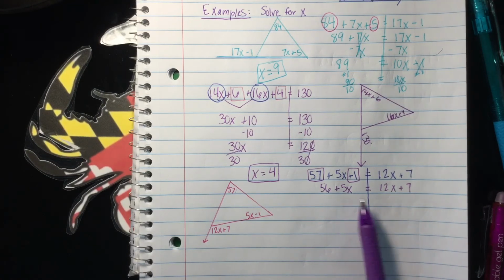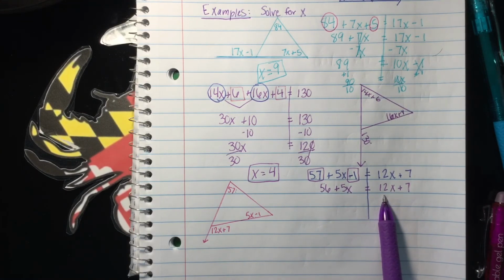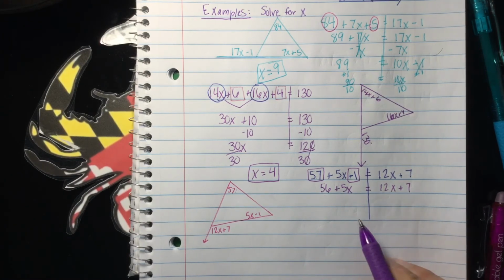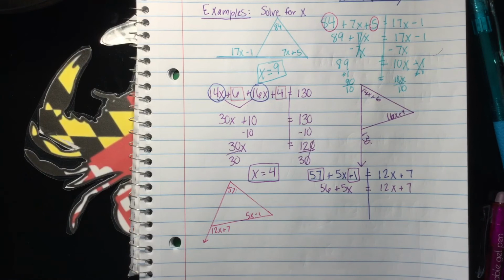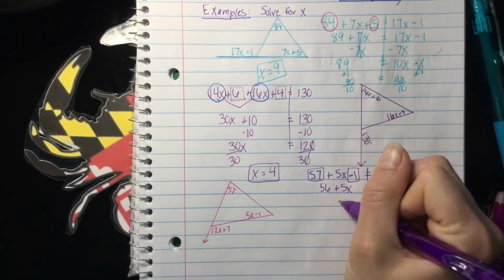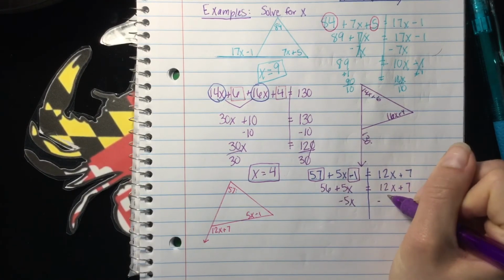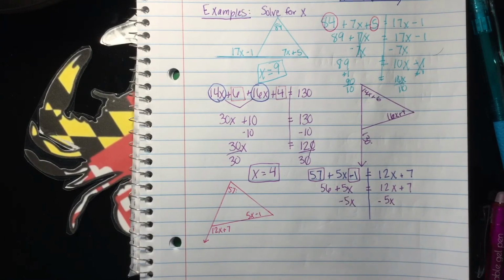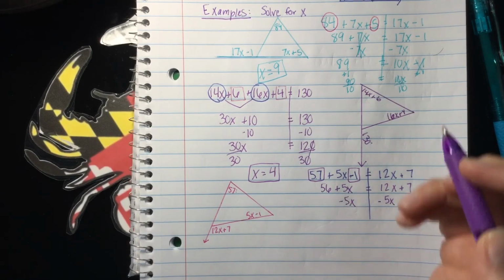Because if I were to subtract 12, this would become negative. If I were to subtract 5, this is still positive. I know that made some sense, but hopefully that's the reasoning why I'm subtracting 5 from both sides. I want to look at the smaller one and then perform the opposite operation of that.